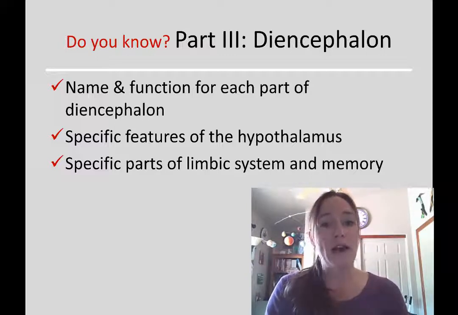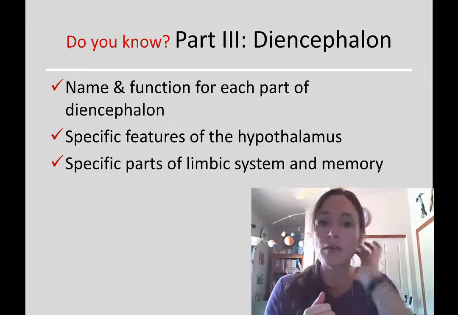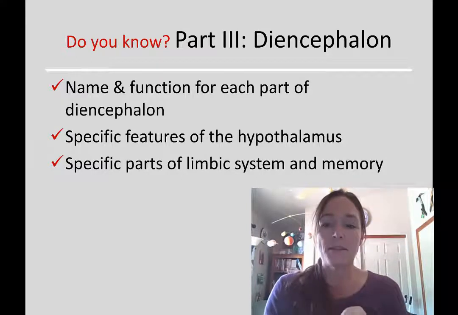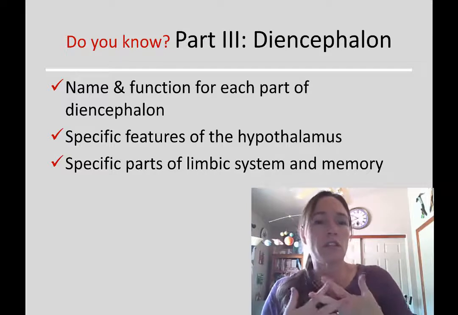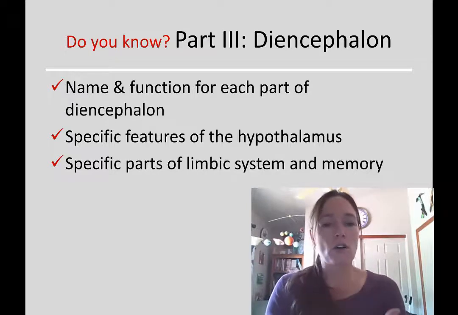Then we have the hypothalamus. The hypothalamus is below the thalamus, and it is a monitoring center for your whole entire body. The hypothalamus monitors whether you're thirsty or hungry or hot or cold.